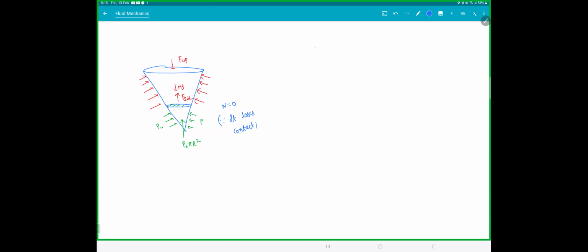Now, when you balance the forces, we get F side plus P naught pi R square will be equal to mg minus F up. So this is F side minus F up plus P naught pi R square is equal to mg.